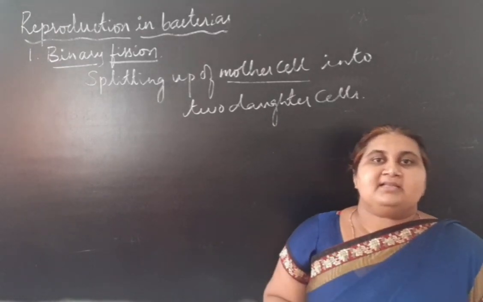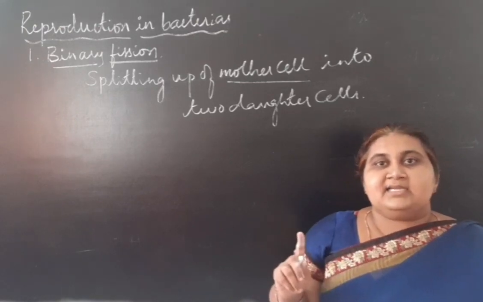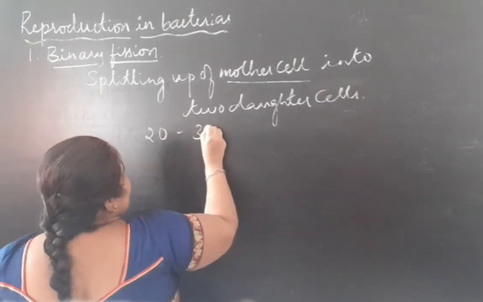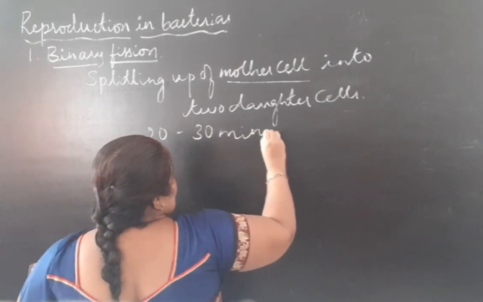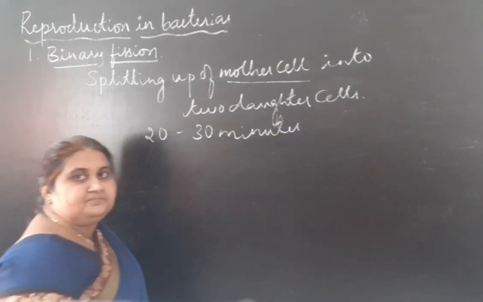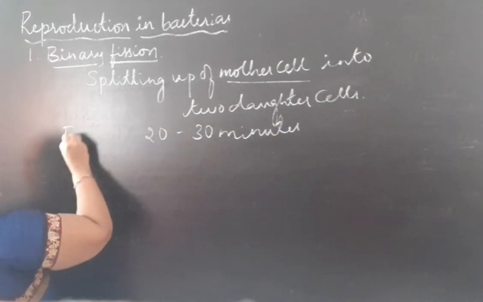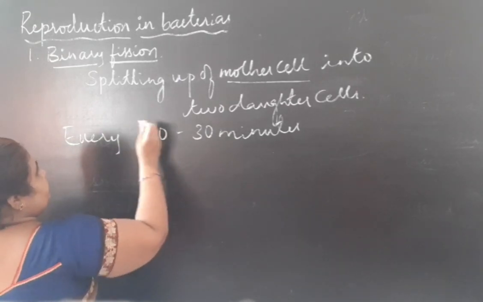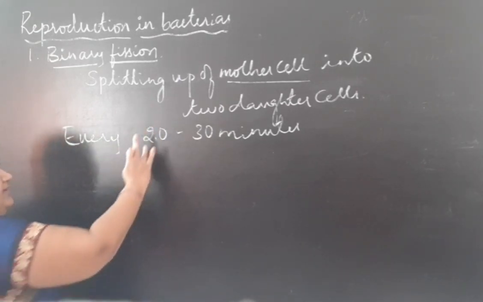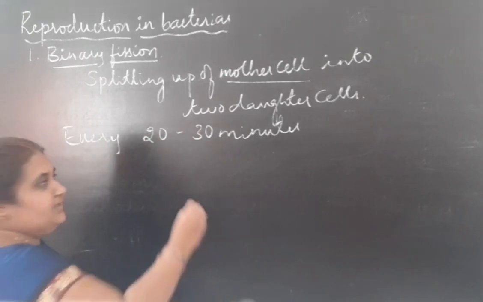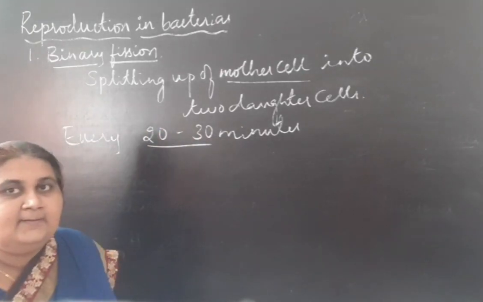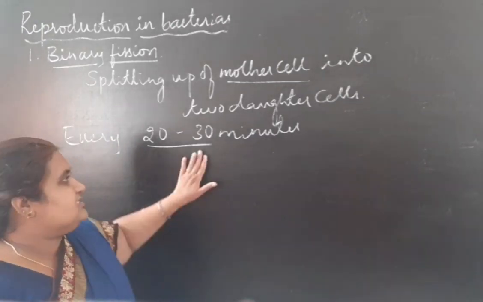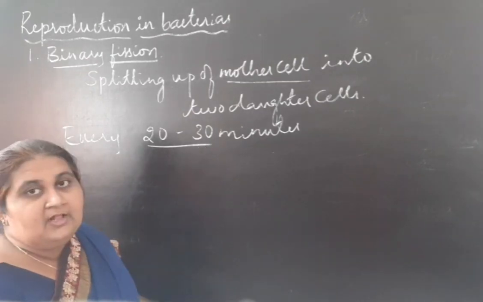Under favorable conditions, a bacterial cell splits at every 20 to 30 minutes, producing two daughter cells.